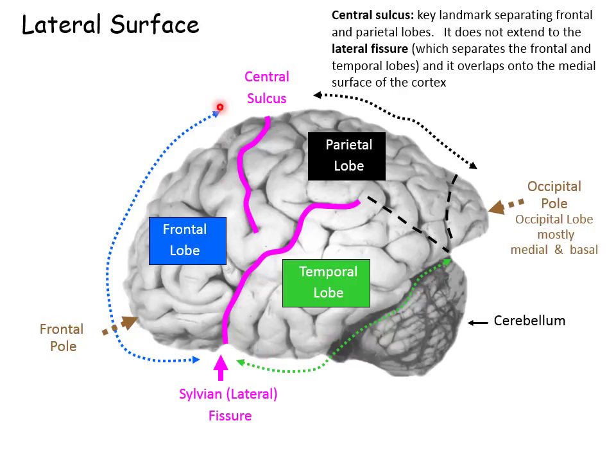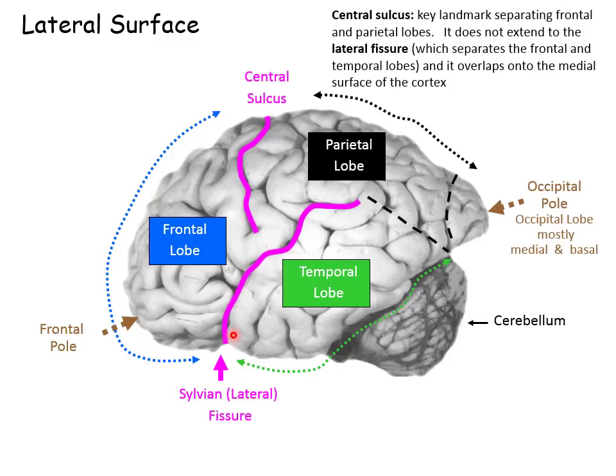If we look at the lateral surface, we can see that the central sulcus is a key landmark for identifying various structures in the brain. We're looking at the left hemisphere here on the lateral surface. And the central sulcus separates two major gyri and tends not to come down all the way to the lateral fissure.